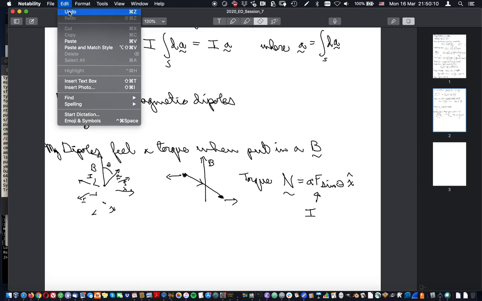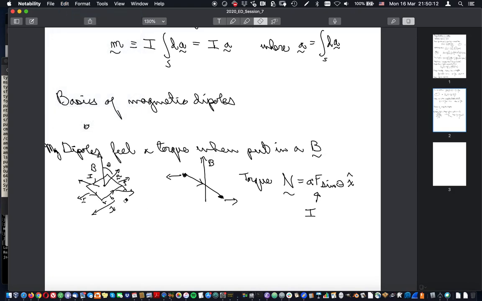Sorry, let's try to undo this. Well, let's do it the old-fashioned way, shouldn't we? Yeah, let me just cross that out. Okay, so let that length be b, and that length be a. So you want the total thing like this.